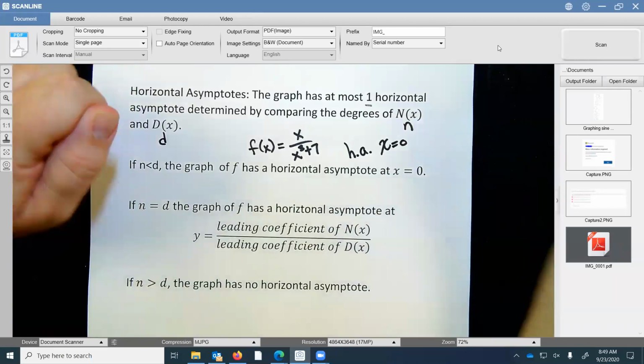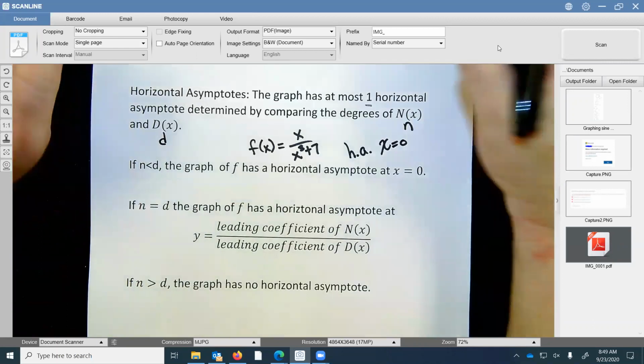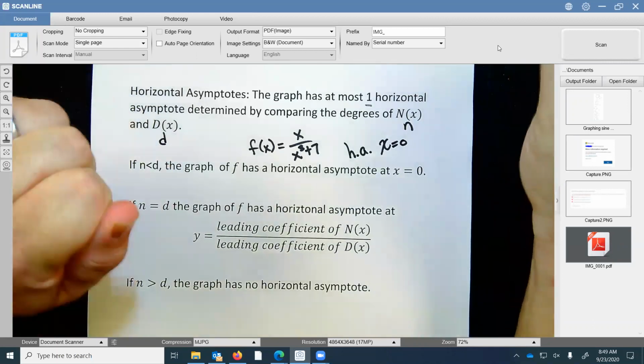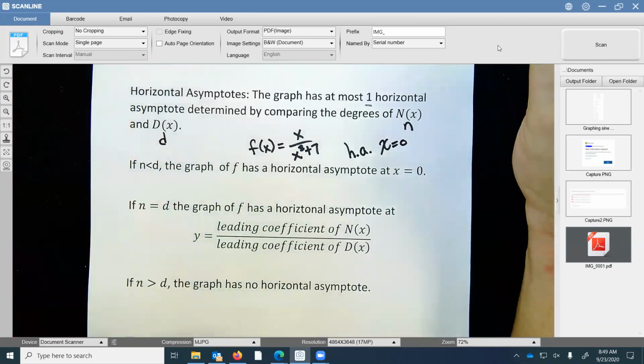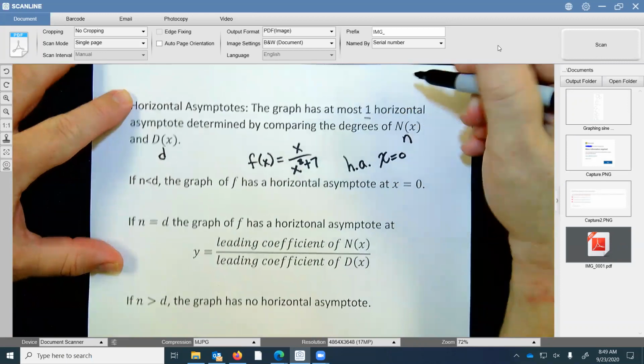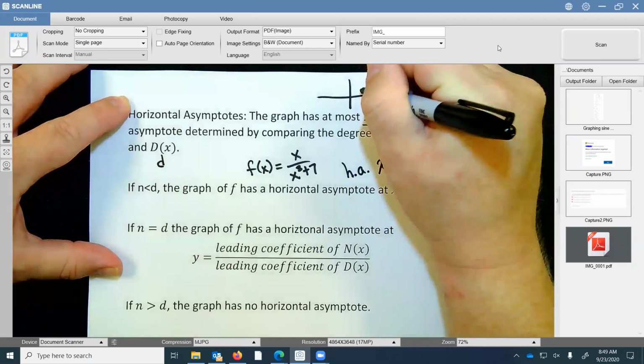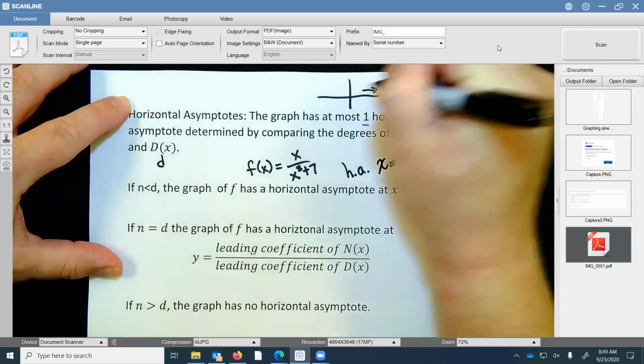Now, horizontal asymptotes are not like vertical asymptotes. Vertical asymptotes, the graph cannot cross. What horizontal asymptotes are talking about isn't so much the middle part, it's talking about what's going to happen at either end.